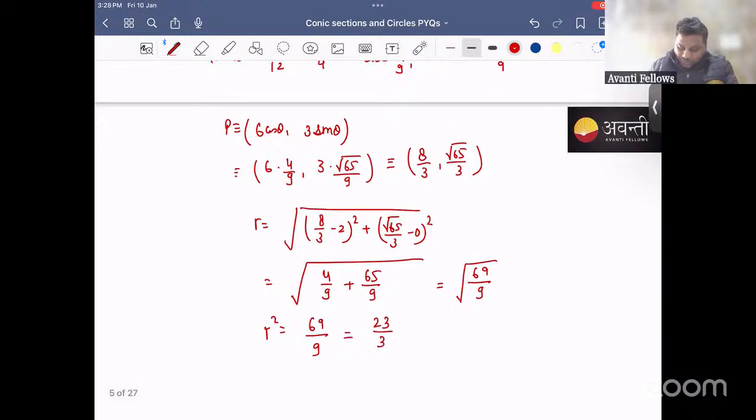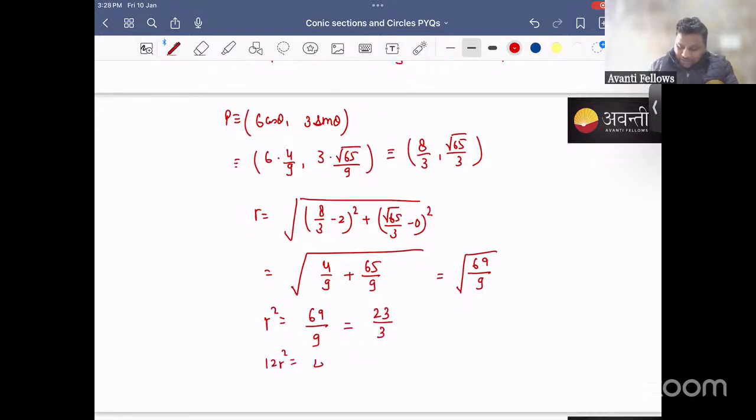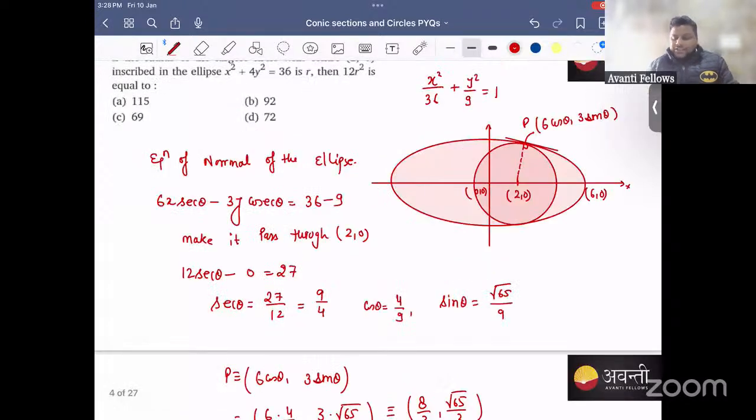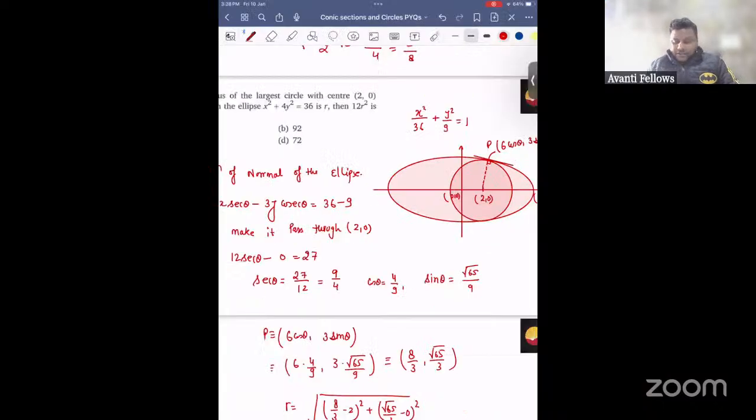They're asking for 12r², that is 4 into 23, which is 92. Such a good question, a mixed blend of both ellipse and circle. Have a look at it.